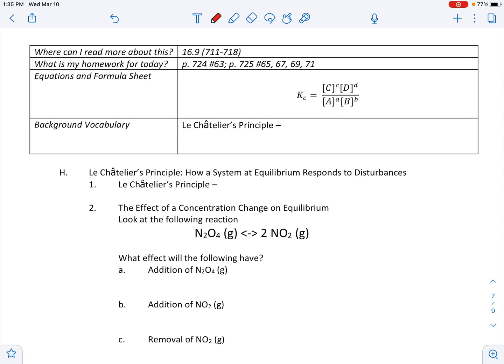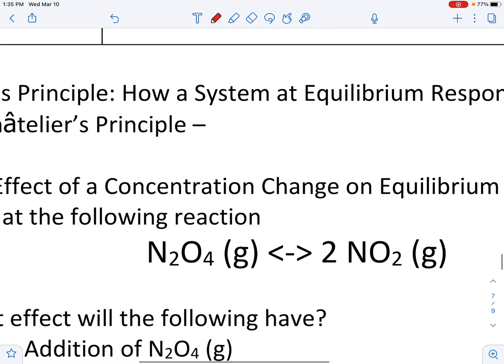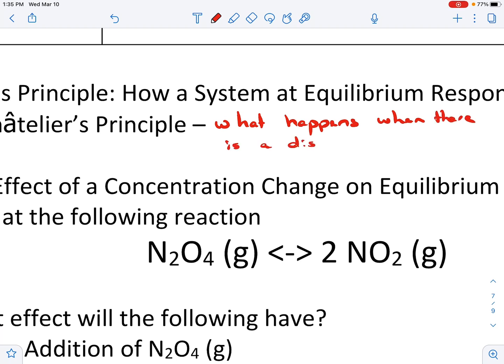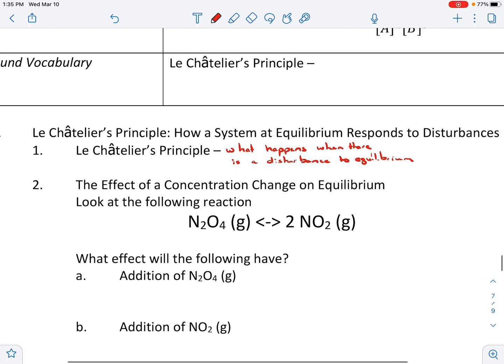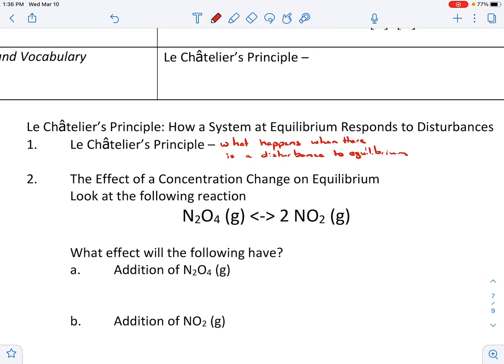So we're talking about what happens when there is a disturbance to the equilibrium. Now, real quickly, it's not like a disturbance in your neighborhood or something like that. We're talking about a disturbance to the equilibrium that causes the equilibrium to have to shift.